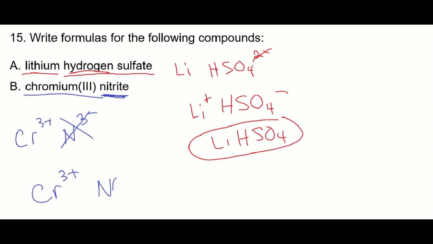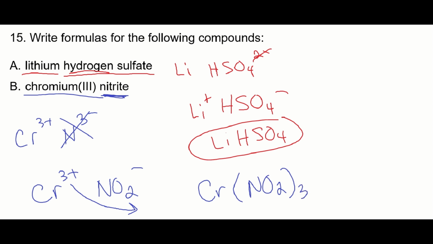This is NO2. We drew Lewis structures, a lot of them. If you remember nitrite, the charge is still the same. It's 1 negative. Crisscross those charges. I'm sorry, crisscross those numbers, not the charges. And then you're going to get Cr, and then put parentheses there, NO2. And then that 3 goes outside that parentheses because you have 3 of those nitrites.